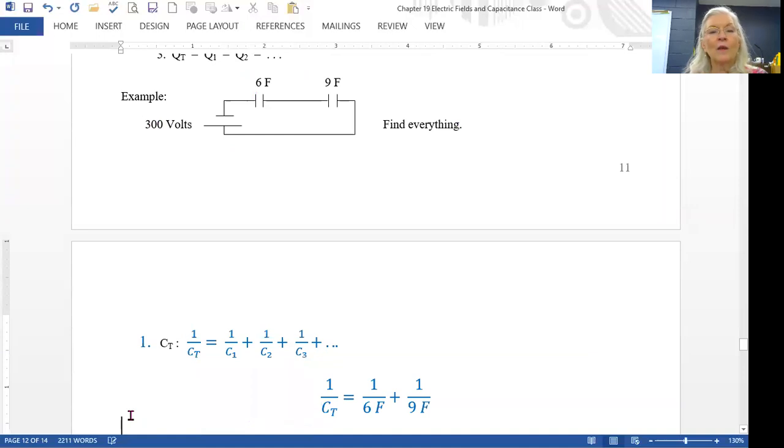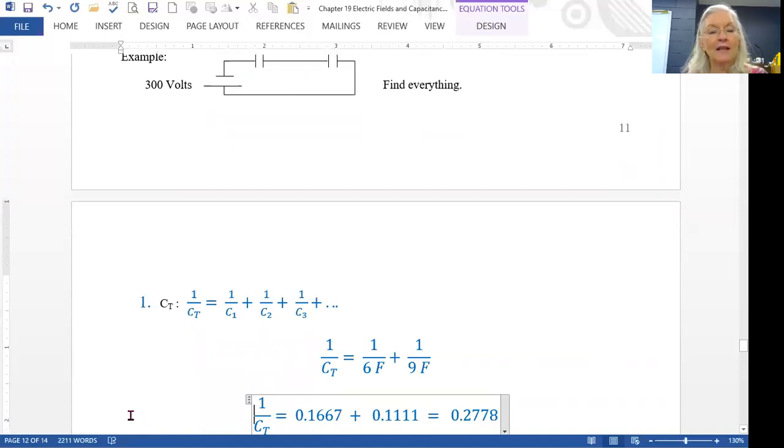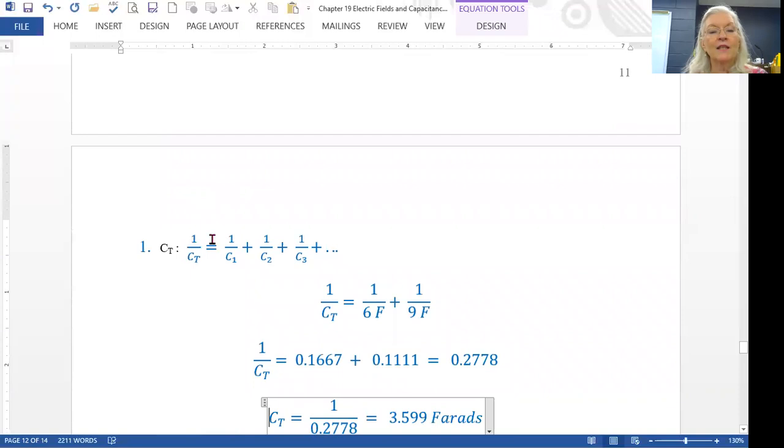First of all, we'd like to find our total capacitance. We know that 1 over C total is 1 over C1 plus 1 over C2 and so on. So 1 over C total for us will be 1 over 6 farads plus 1 over 9 farads. Well, 1 divided by 6 is 0.1667. 1 divided by 9 is 0.1111.